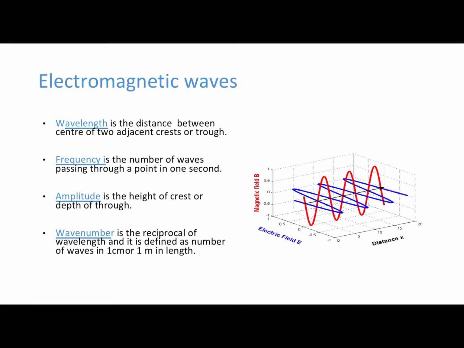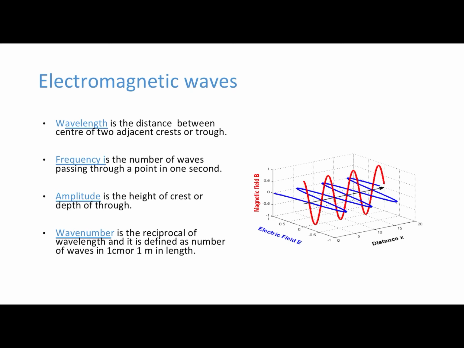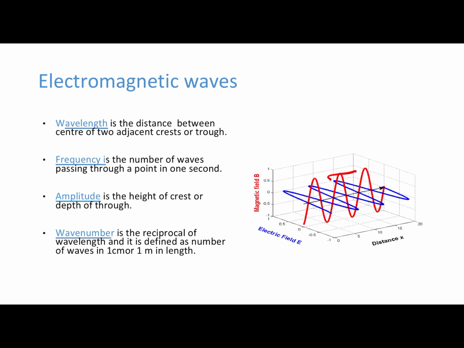Wavelength is the distance between the centers of two adjacent crests. Frequency is the number of waves passing through a point in 1 second, and it is denoted by nu.